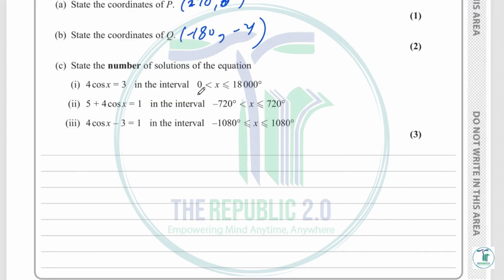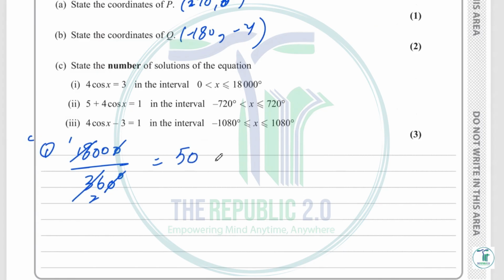So we have got 0 to 18,000, right? For the first part, 18,000 divided by 360 comes out to be 50.